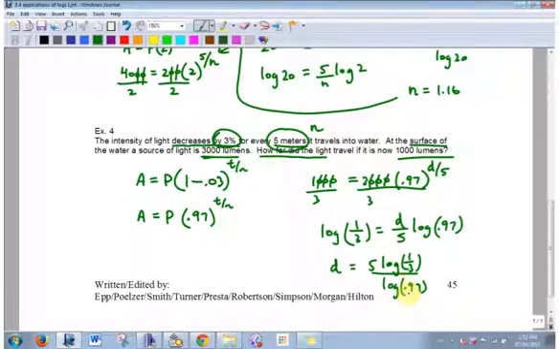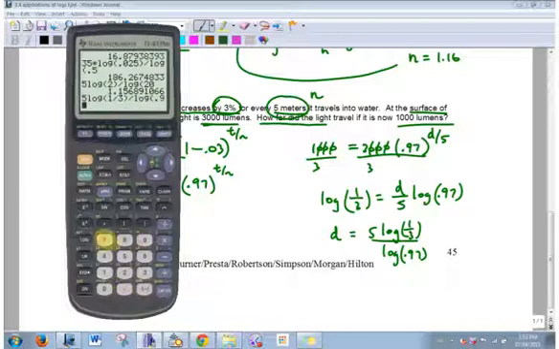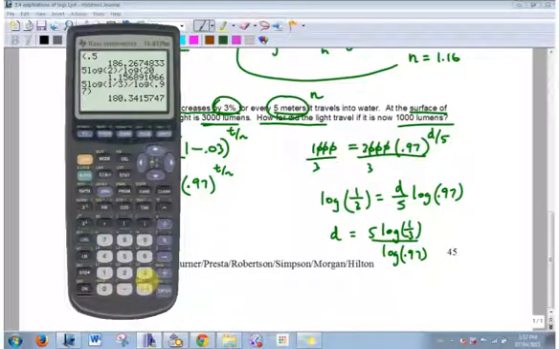All right? And the rest is just calculator. That divided by log of 0.97. What's the unit for the answer?